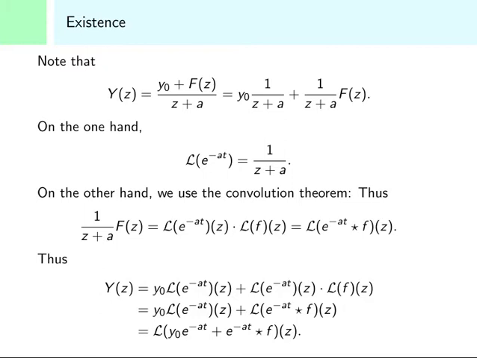So we see that capital Y of z is the Laplace transform of y naught exponential negative a t plus exponential negative a t convolved with f at z. So far we've taken a look at the Laplace transform of the possible solution, and we see that it is actually the Laplace transform of some function that we can write down explicitly.